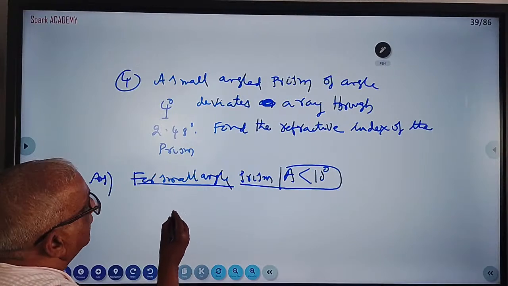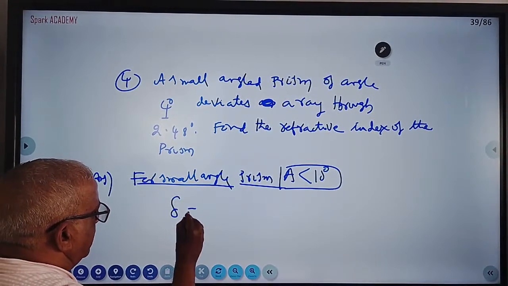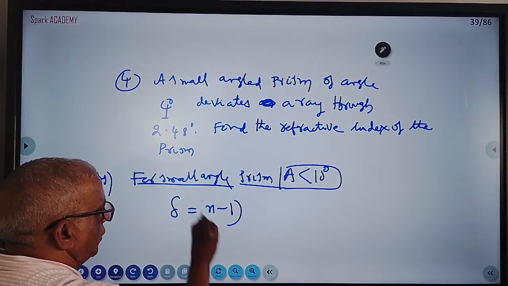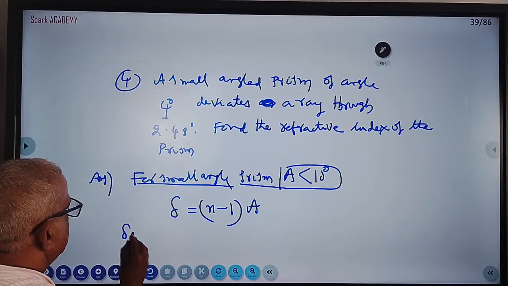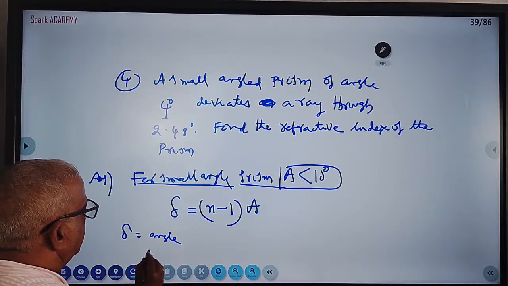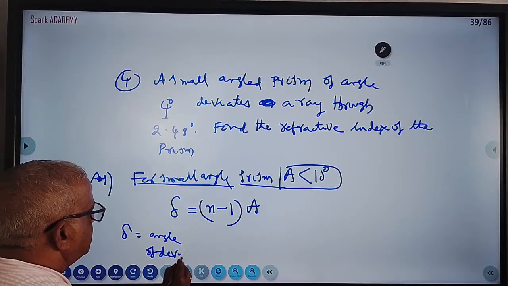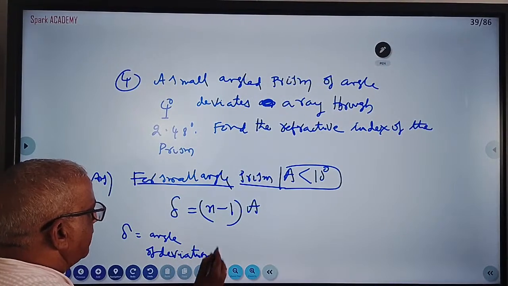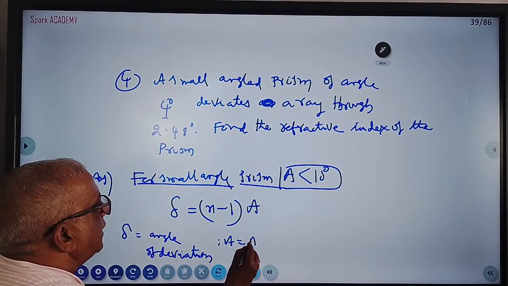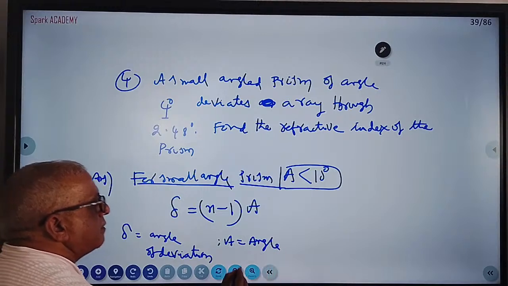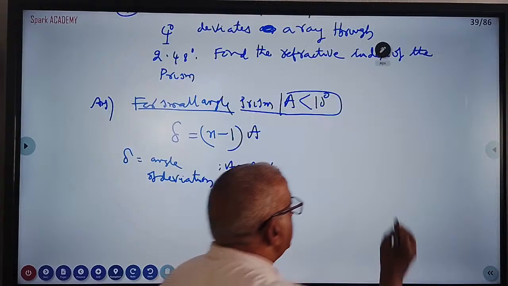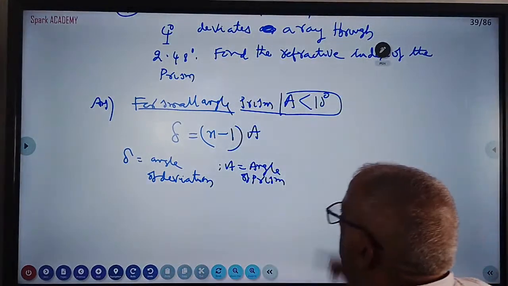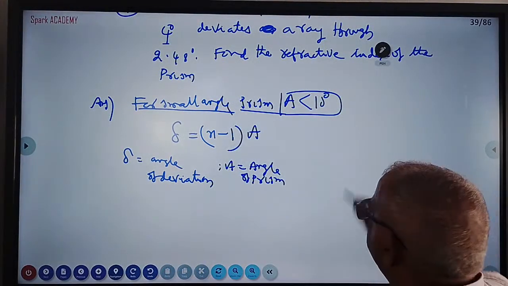Angle of deviation delta equals (n minus 1) into A. Delta is called the angle of deviation. A is called the angle of the prism.